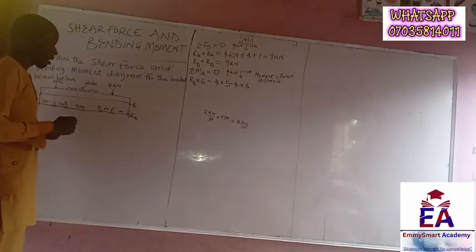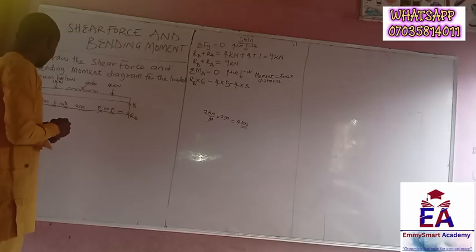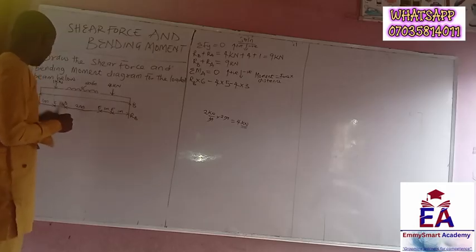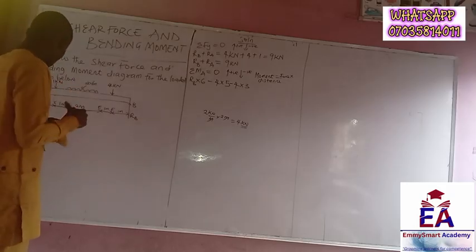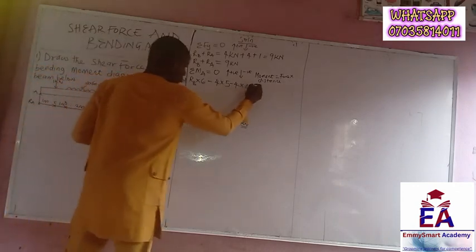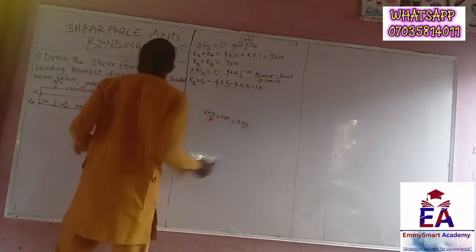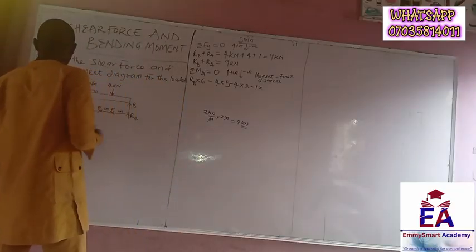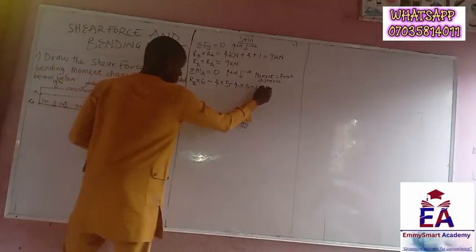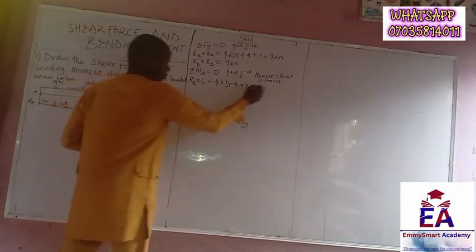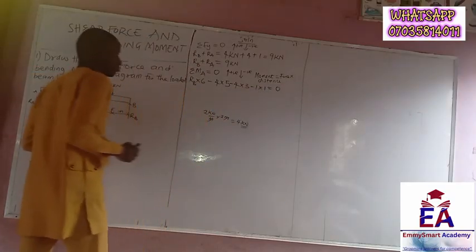Then I have this final load here, 1 kilonewton, so minus 1 times a span of 1, which is 1 times 1, equal to 0.